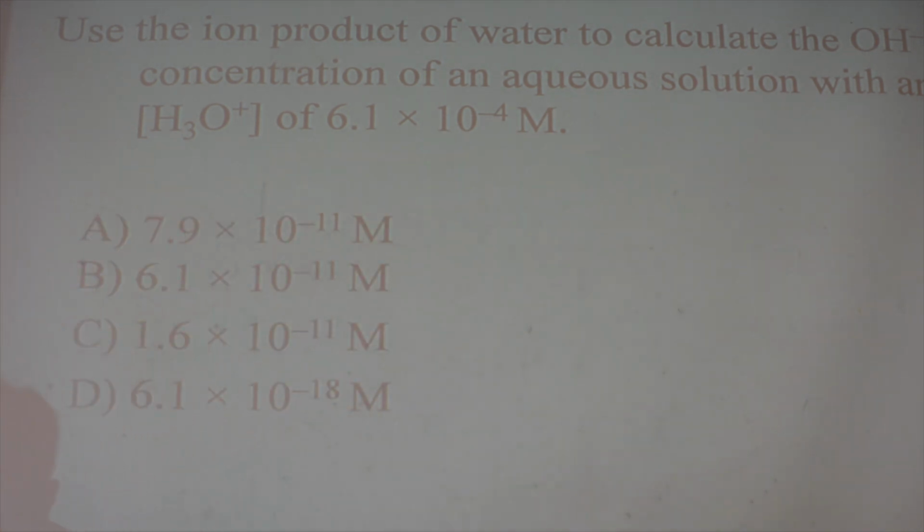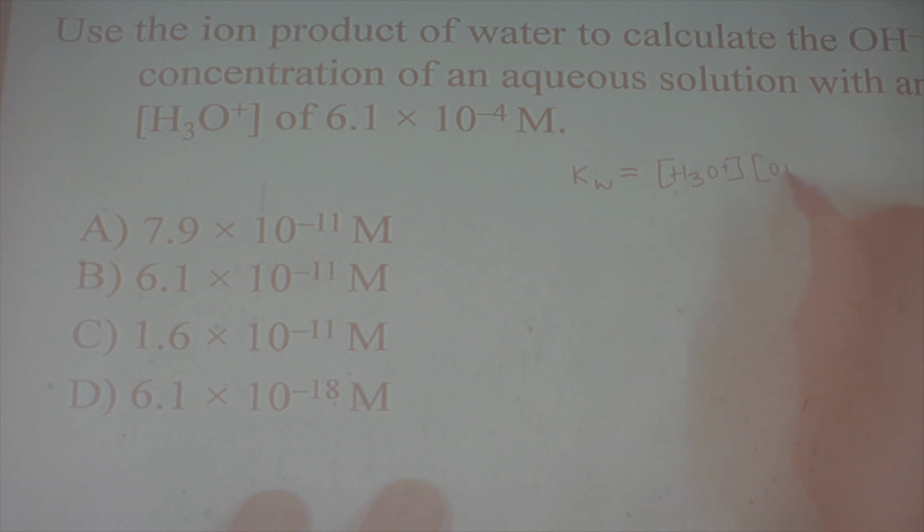So the equation we always should conjure up is Kw is equal to hydronium concentration times hydroxide concentration. We know this and we know this. So we rearrange this to give us the hydroxide concentration.